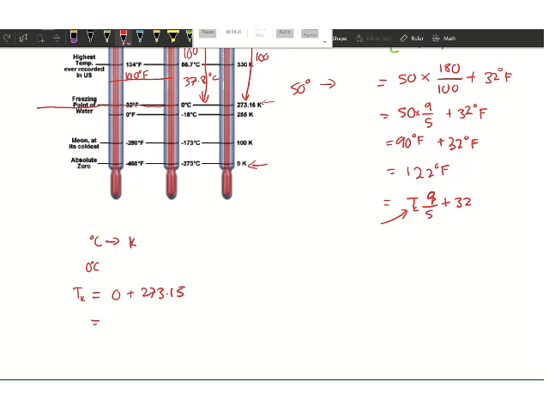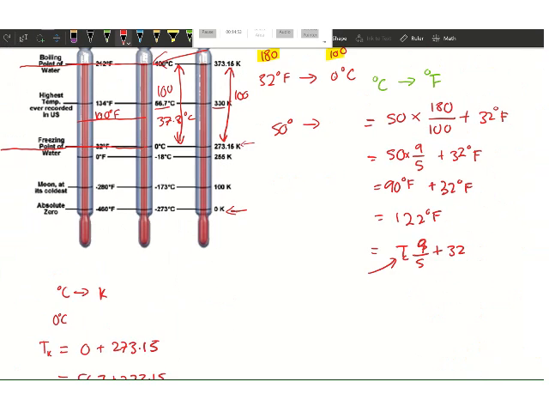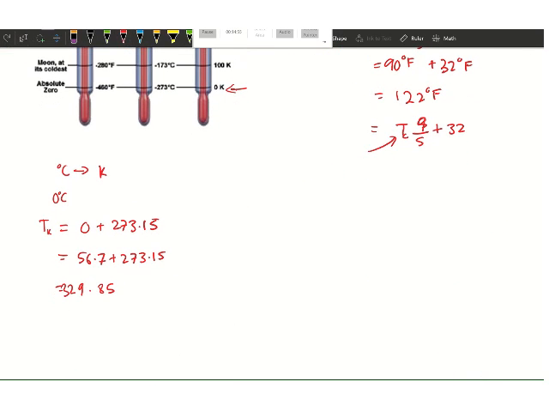If I put 56.7 plus 273.15, this will give you roughly 330 Kelvin. So 56.7 Celsius corresponds to 330 Kelvin. That's how we get this one as well.